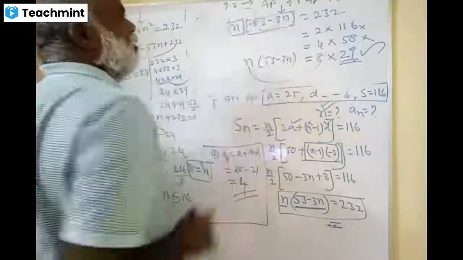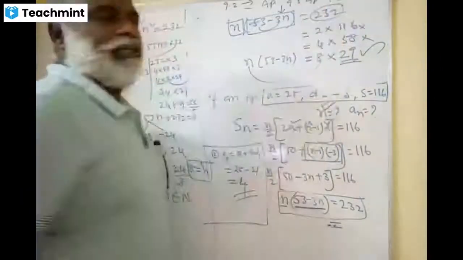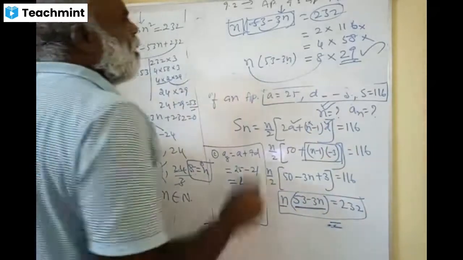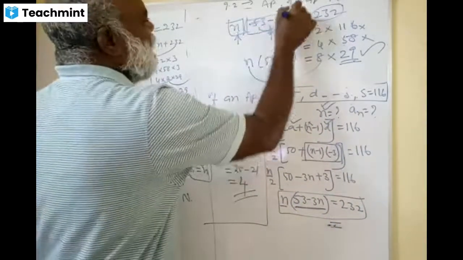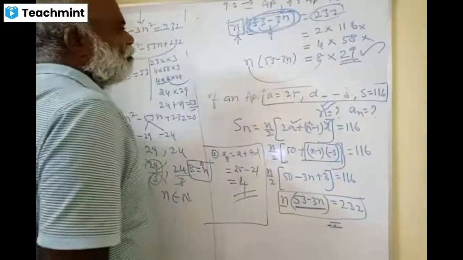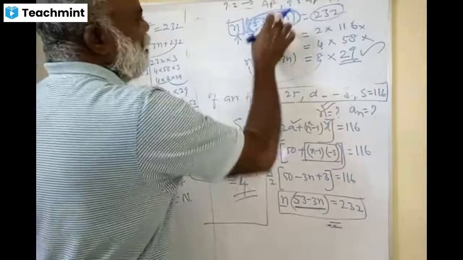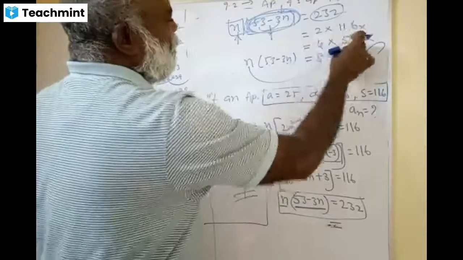Yes or no? So it is wise for us to break this 232 into two factors, such that it should obey. This number, we don't know the nature of this number, but I know that this should be less than 53. Do you agree? This is 2 into 116, 4 into 58, 8 into 29.